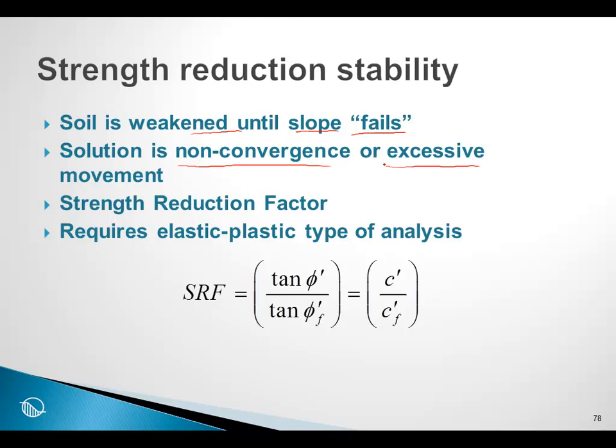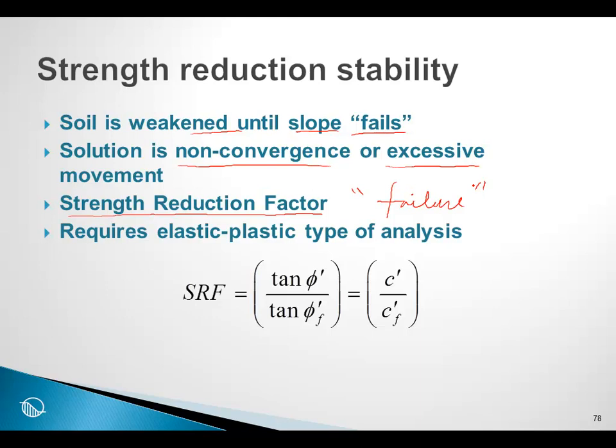So we talk about a strength reduction factor, and the strength reduction factor when we reach "failure" in quotation marks represents the margin of safety of the slope, or the factor of safety of the slope.